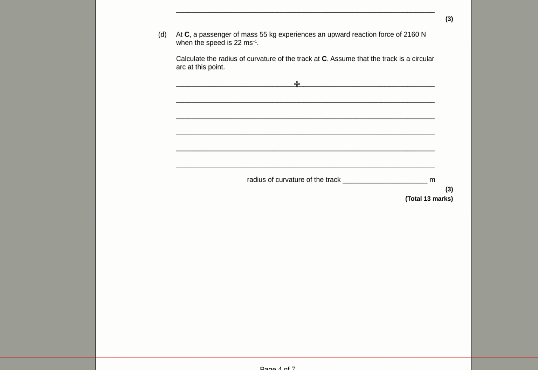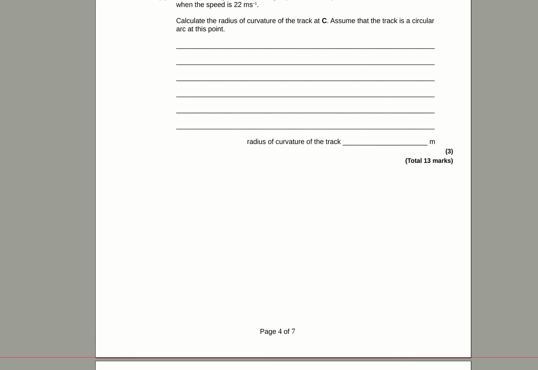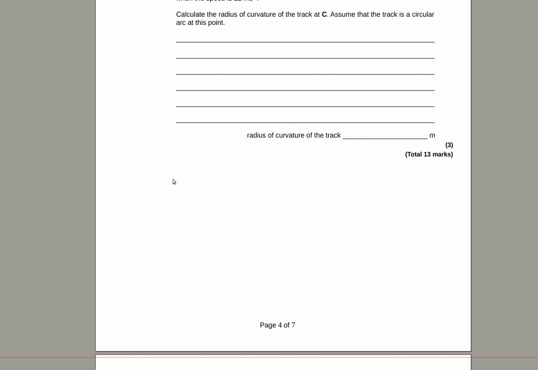Right, last bit. This is the bit that's on circular motion. So we've got 55 kilograms upwards reaction force of that. When the speed is that, calculate the radius of the track. It might help if we draw another diagram here. So if we draw the circular bit of the track at the bottom and the car at C, which is at the very bottom of the track there, we've got a number of forces acting.